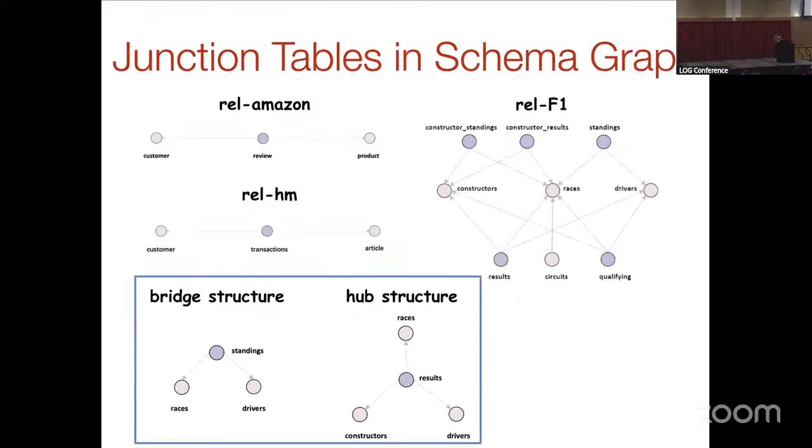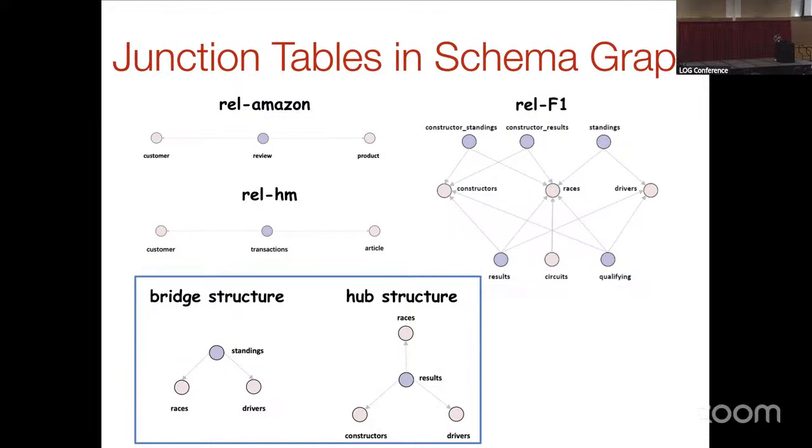These are some of the examples. Races are connected to drivers through standings, and there can be other hub-like structures. These are just examples to show that there are many-to-many relationships in relational databases, but there are always some junction tables that connect them.